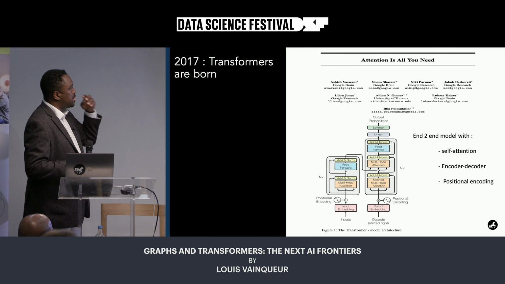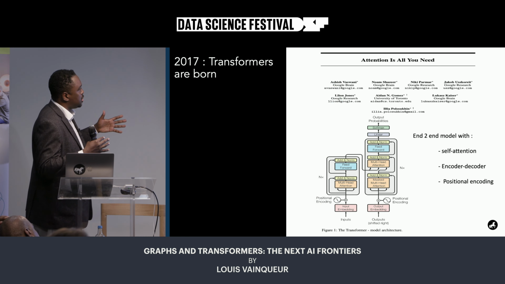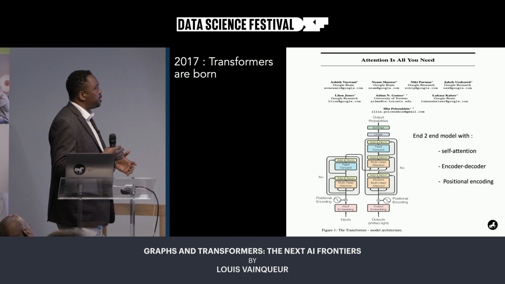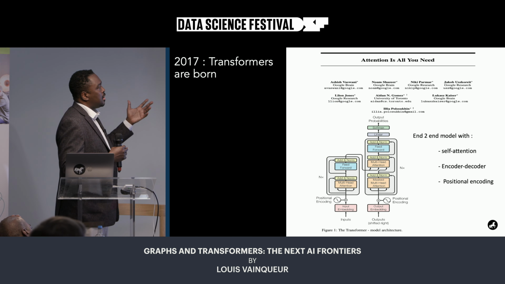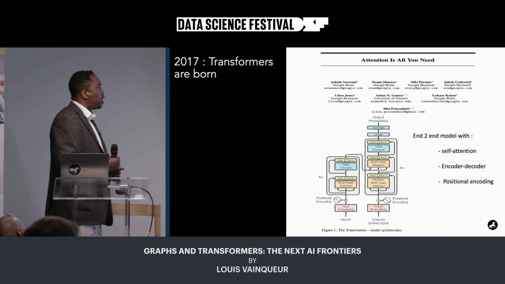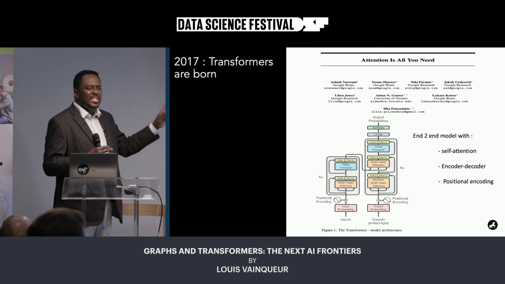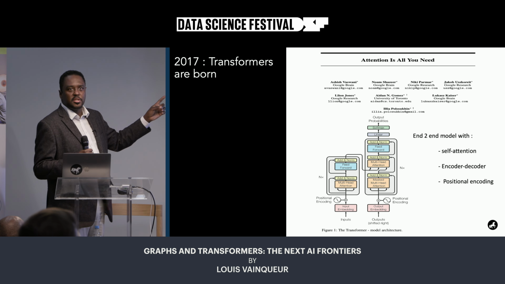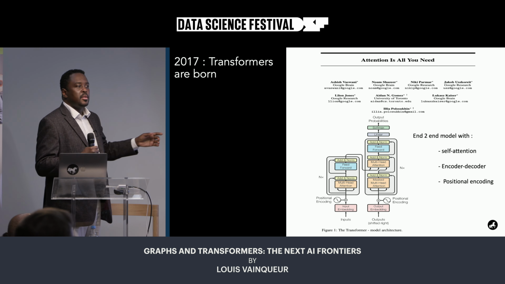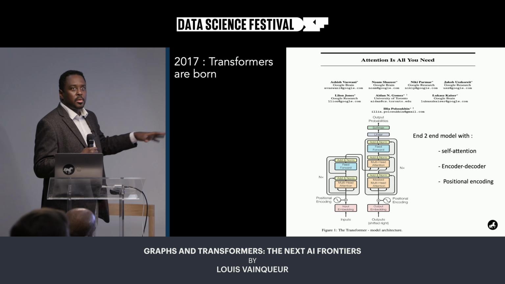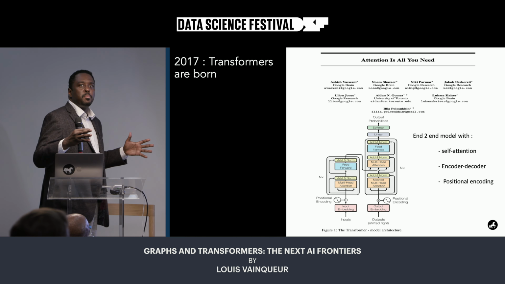Okay, so this was the paper that really changed everything in the NLP space. It's called Attention is All You Need. It's an end-to-end model. What's interesting is that this model was published in 2017. Then, based on this model, many different models were published by different labs.